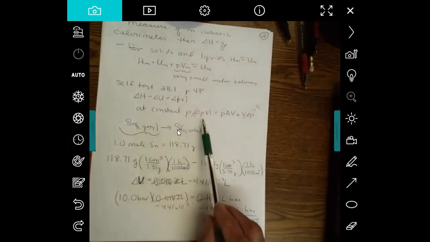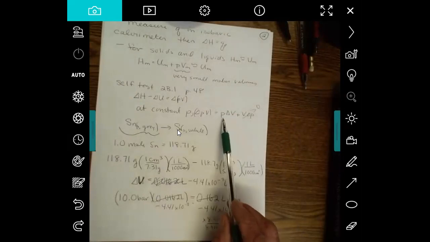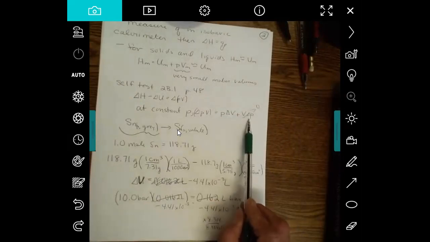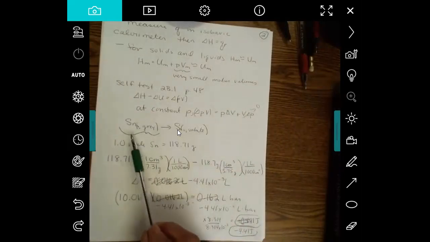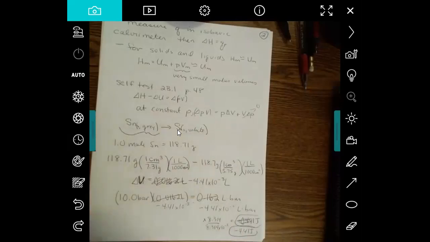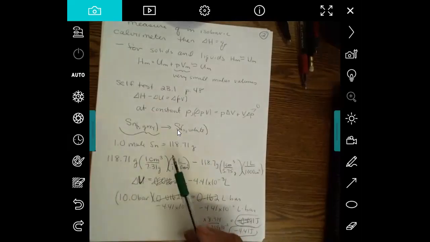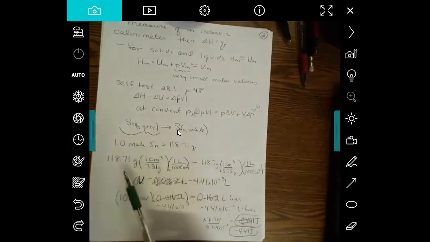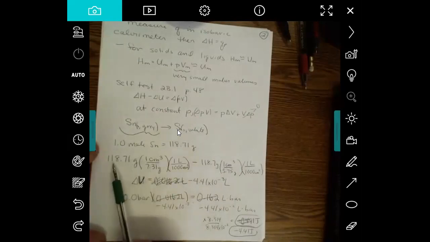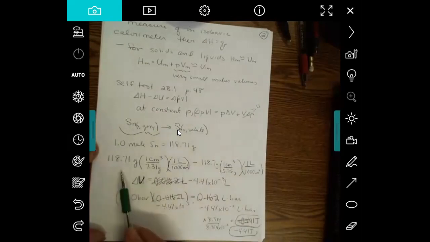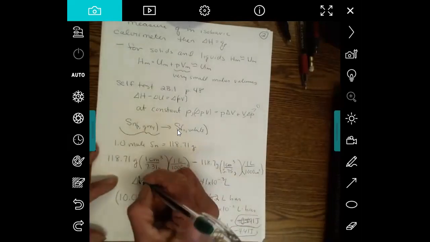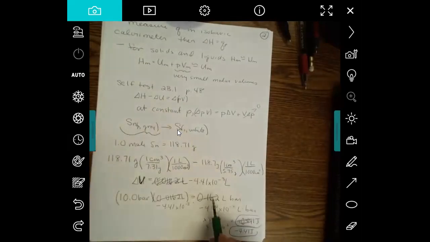At constant pressure, delta PV equals pressure times the change in volume, because the second term would be 0. They give us the densities of tin in the gray form and the white form for the solids. We have a mole of it. So if I have the density and the mass of the sample, I can calculate a delta V, in units of liters.